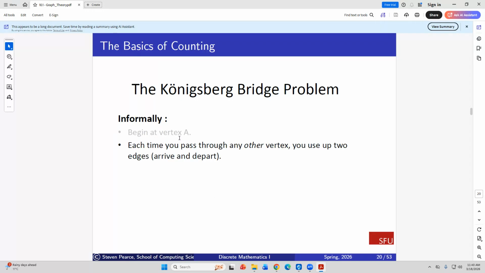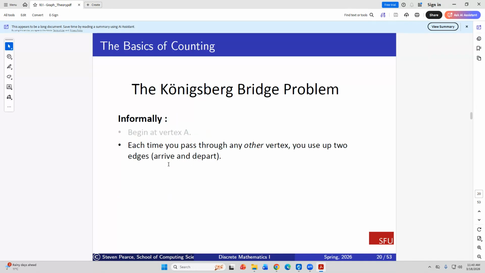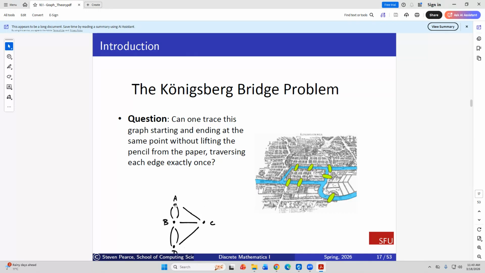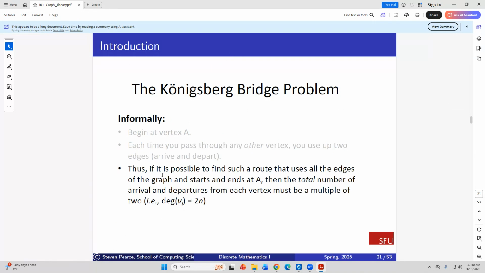Begin at vertex A. All right, that's here. Each time you pass through any other vertex, you use up two edges, arrive and depart, right? Thus, if it is possible to find such a route that uses all the edges of the graph and starts and ends at A, then the total number of arrivals and departures from each vertex must be a multiple of 2.